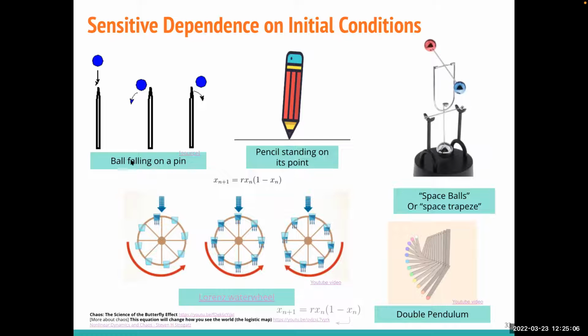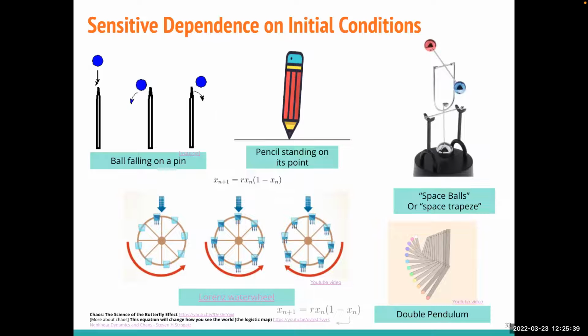For example, if you put a pin here and then throw a ball from the top, there's no way to predict the motion of your ball. Maybe the physics is pretty clear about this, but how you put the ball on top of the pin, there are many ways, and many of them are pretty much similar.